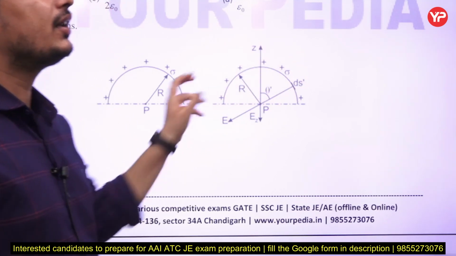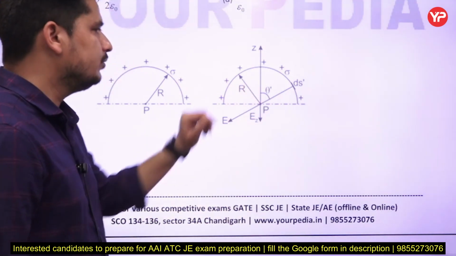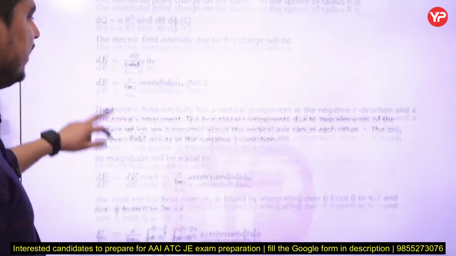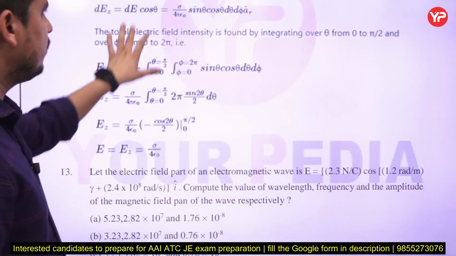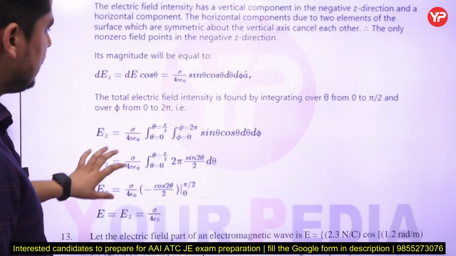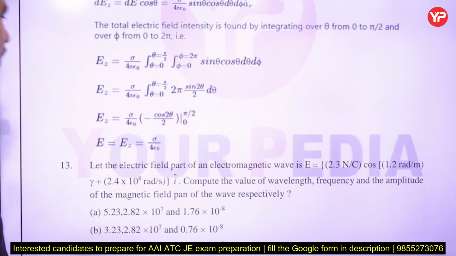Then we will integrate that ds with respect to theta. Theta will vary from what? Minus 90 to 90, right? You can say 0 to 90 or like that. So every value I will put it here. This is the derivation, you can check it. Finally we get the limits 0 to pi by 2, and we will do it twice, right? That is the thing.